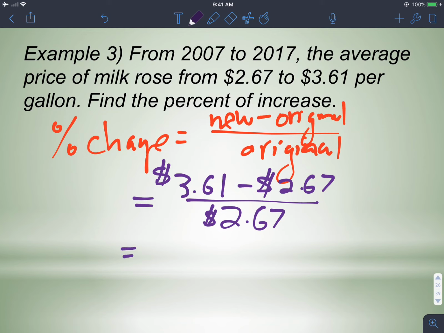All right. So the price of milk went up 94 cents.